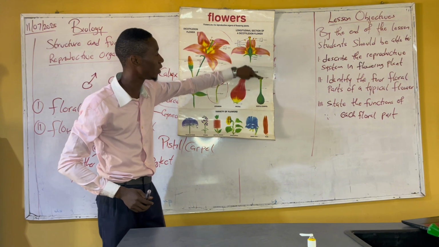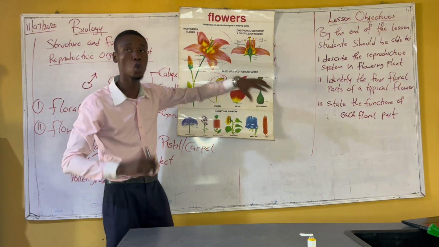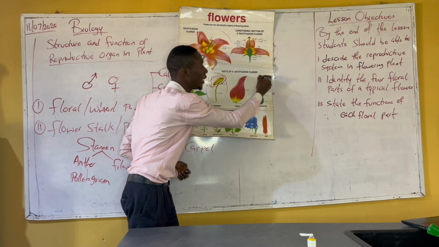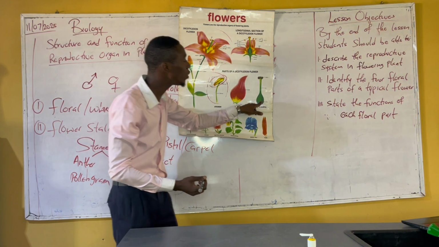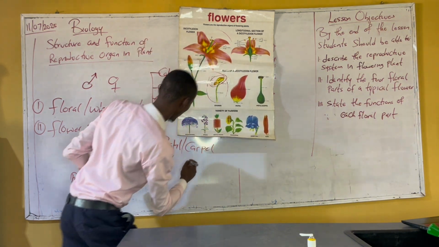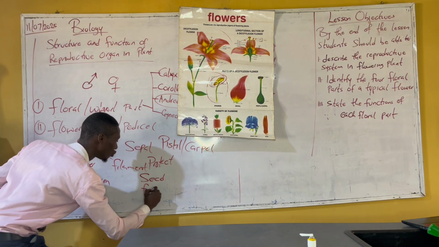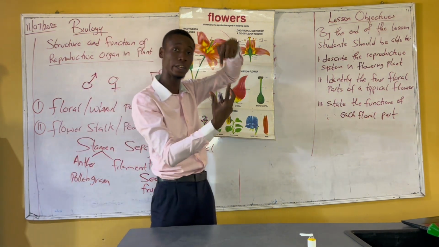Now, the ovary contains ovules. So after the pollen grain falls on the stigma, it spreads into the ovule, where there is fertilization. The ovule will turn to seed, while the ovary will turn to fruit. That is why we find a seed inside the fruit.